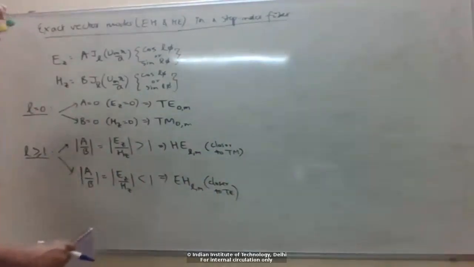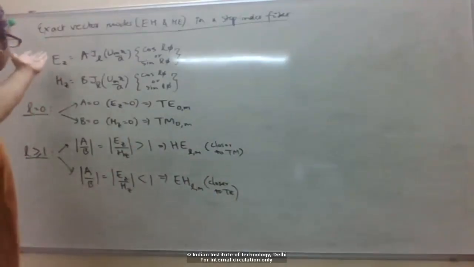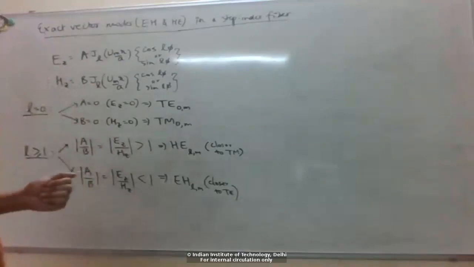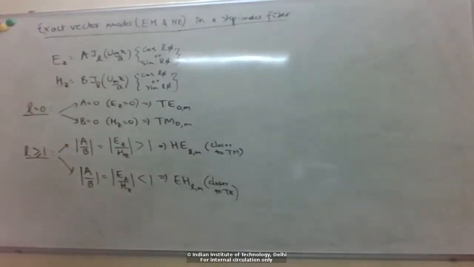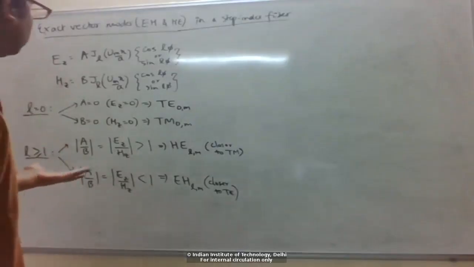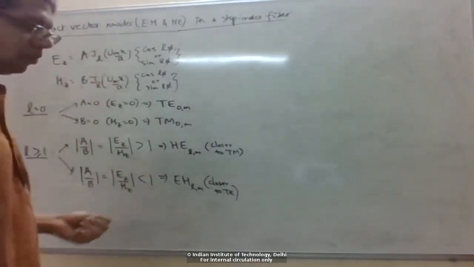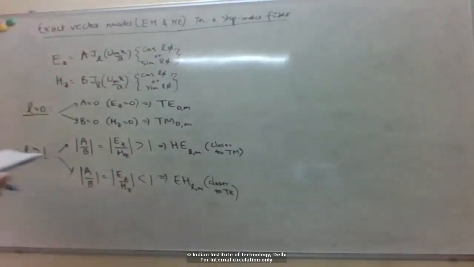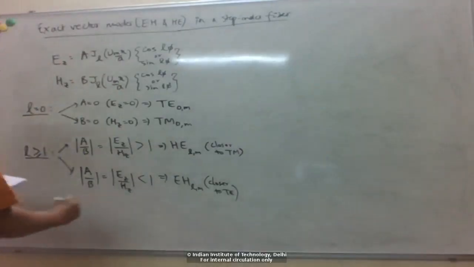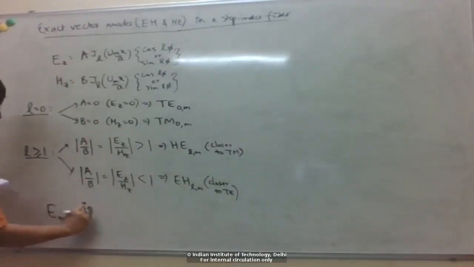So then we said that we can find the other components, for example Er, Eφ, Hr, Hφ, from the solutions for Ez and Hz. Using the Maxwell curl equations, we can write each of those four field components in terms of just Ez and Hz. So we have terms like, for example, Er, something like this.